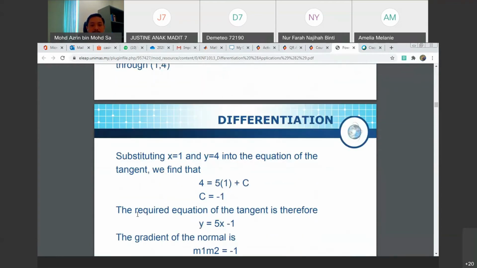Then the required equation of the tangent is y equal to 5x minus 1. Okay, so now what's next? Try to find the slope for the normal by using the formula m1 times m2 equal to negative 1.